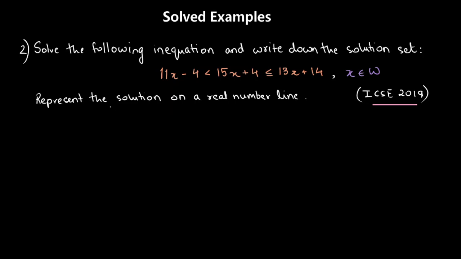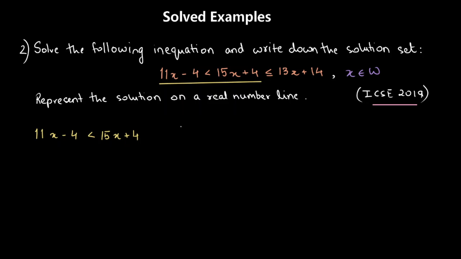Now, again, when you have this kind of double inequality, we need to break it up into two parts. So the first part would be 11x minus 4 is less than 15x plus 4. That's our first part, from the first inequality sign.